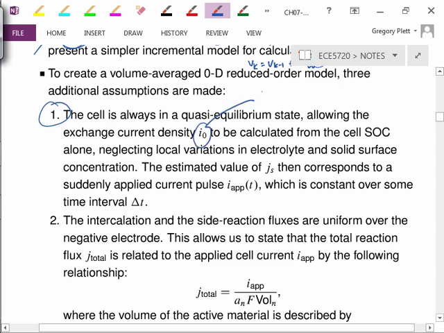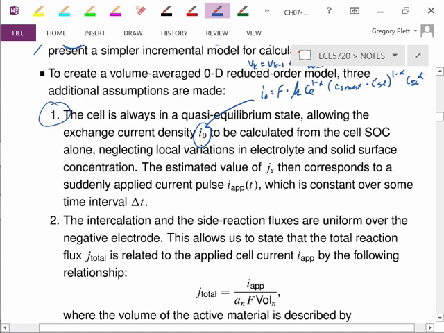Remember, I0 is equal to F times the reaction rate constant times CE to the 1 minus alpha, and then CS max minus CSE to the 1 minus alpha, and then CSE to the alpha power, if I remember correctly. Might be wrong. But something like that.